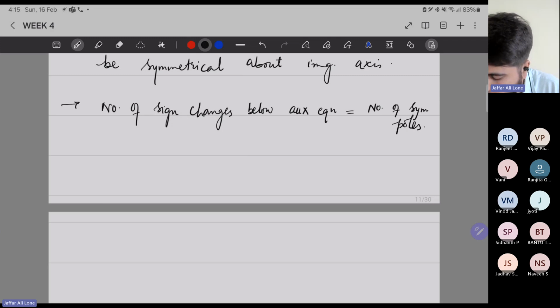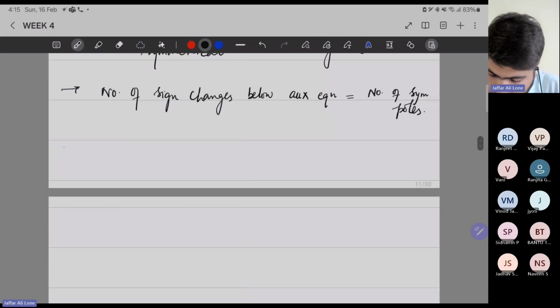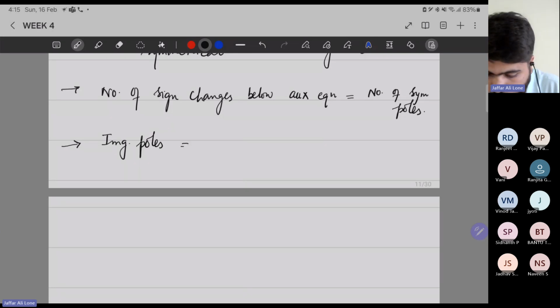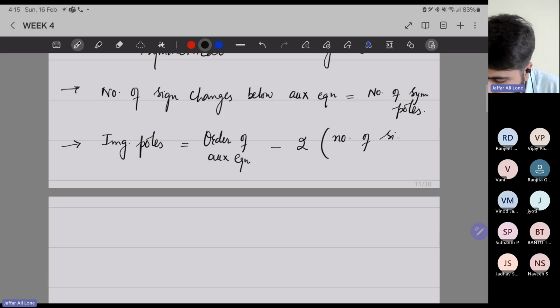That's what I said, the number of symmetrical poles. One last point is imaginary poles. If we have to find the poles on the imaginary axis, they are equal to the order of the auxiliary equation minus 2 into the number of sign changes below the auxiliary equation. It's very simple.